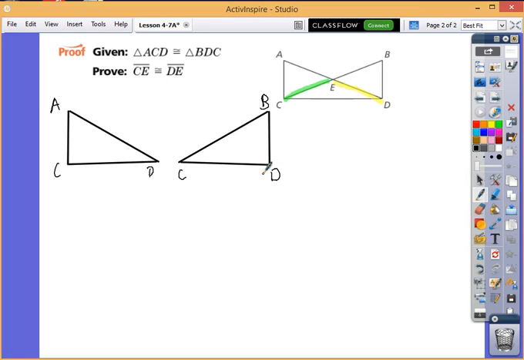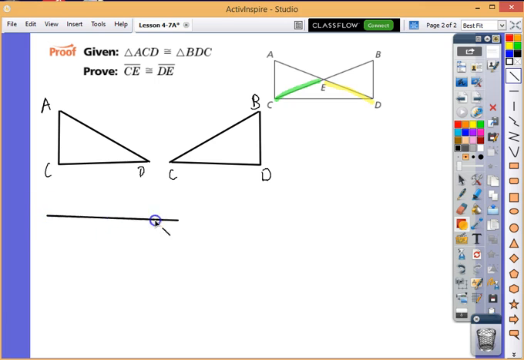So if I can prove that angle BCD is congruent to angle ADC, then I can prove that those two lines are congruent by the converse of the isosceles triangle theorem. That's where my eye went. Another person might say, if I can prove this small triangle over here, AEC, congruent to this small triangle over here, BED, then I can prove that the two sides are congruent by CPCTC. So there's two ways to approach this. I'm just going to go with what I saw first.